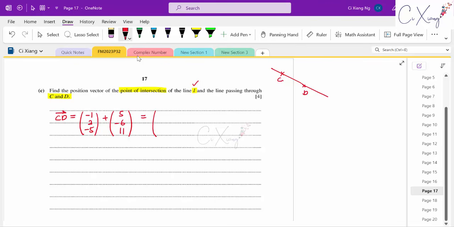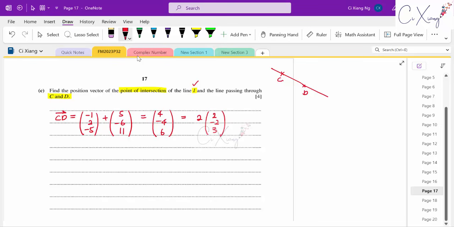Then the direction of this line I get is (4, -4, 6). For the direction of the vector equation, you can simplify it by factorizing out a suitable number. I will try to make the direction vector smaller, so I factorize out the 2, and therefore I get (2, -2, 3).